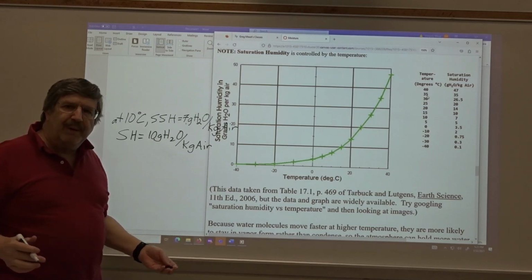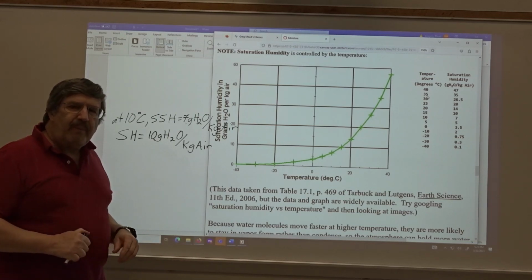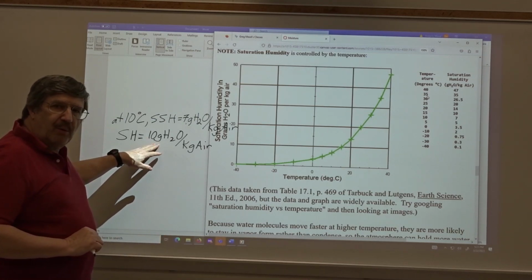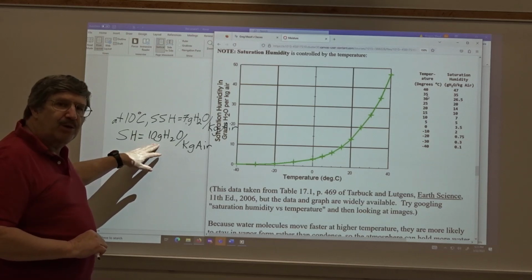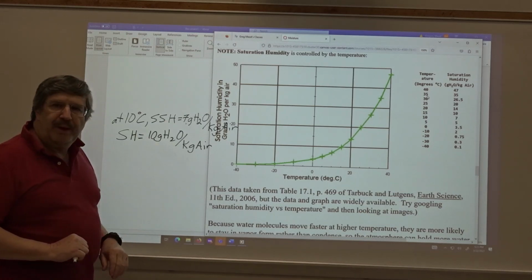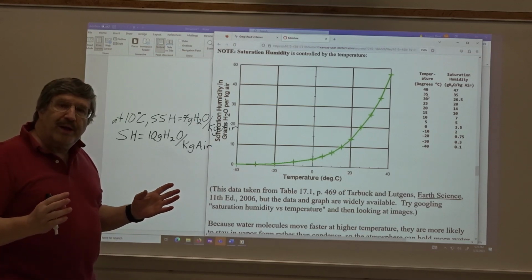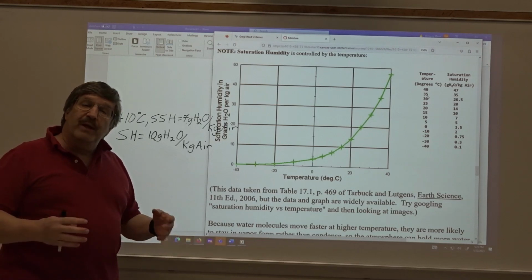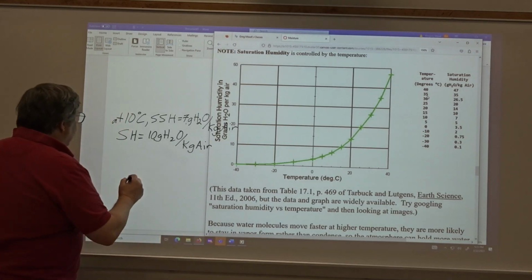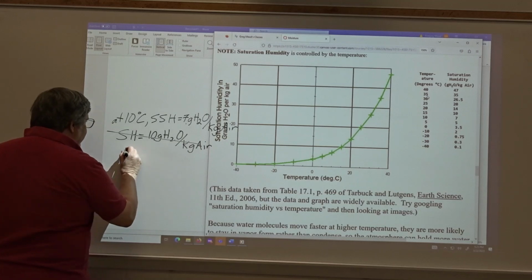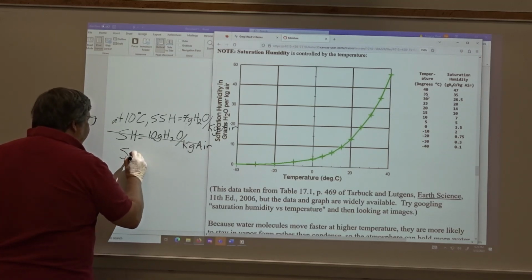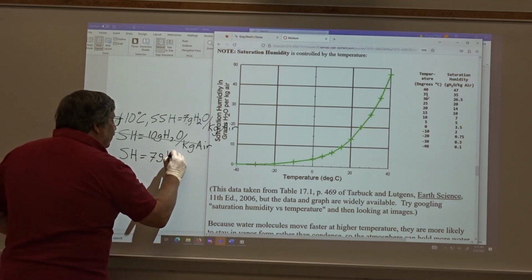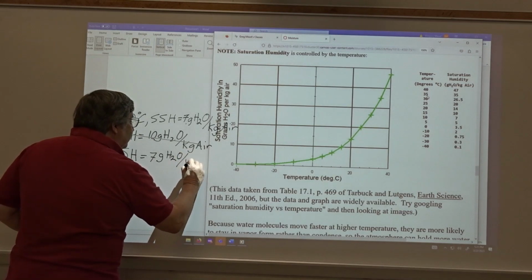So what has to happen? Something has to give. And what happens is that when the saturation specific humidity drops below 10 grams of water per kilogram of air, water vapor starts to condense out of the atmosphere until it equals the maximum that you can have. And so the specific humidity drops to 7 grams of water per kilogram of air.